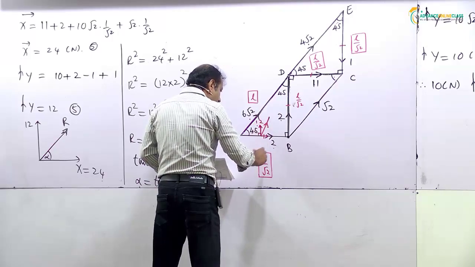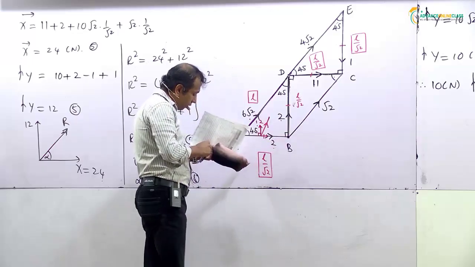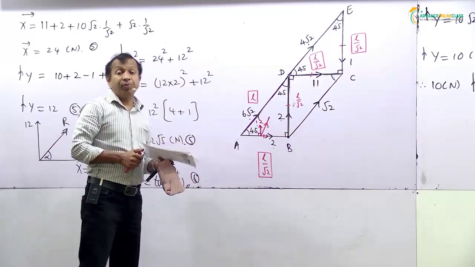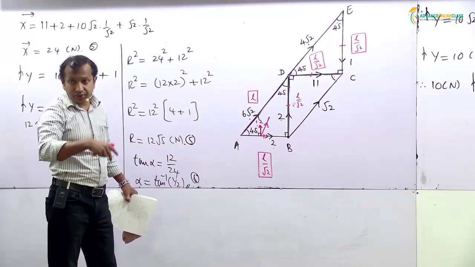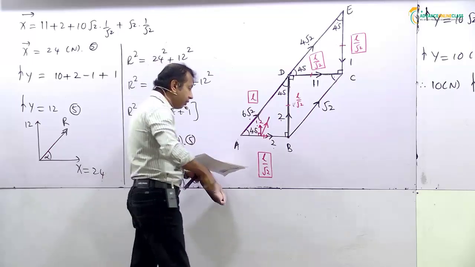All right. We take moment around B. Right. You know, algebraic sum of the moments of the forces should be equal to what? Moment of their resultant. Thereby, I supposed to find this length.